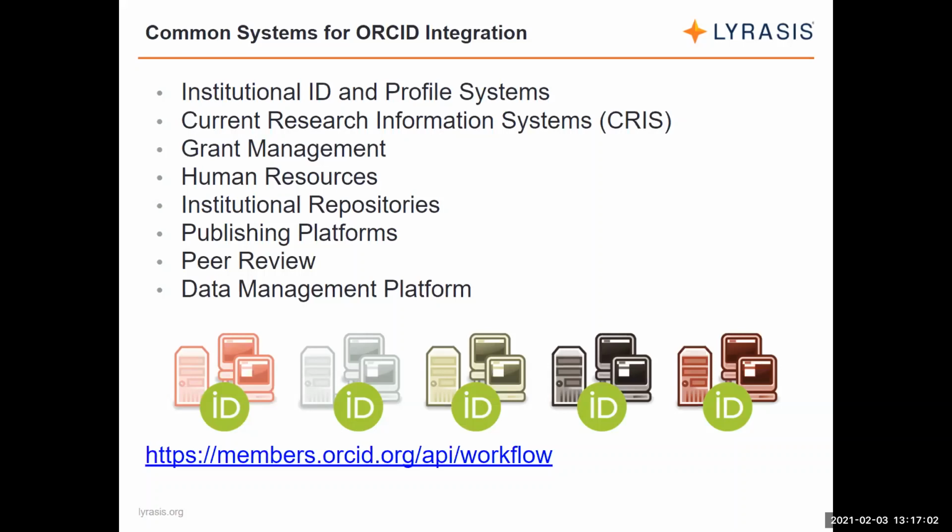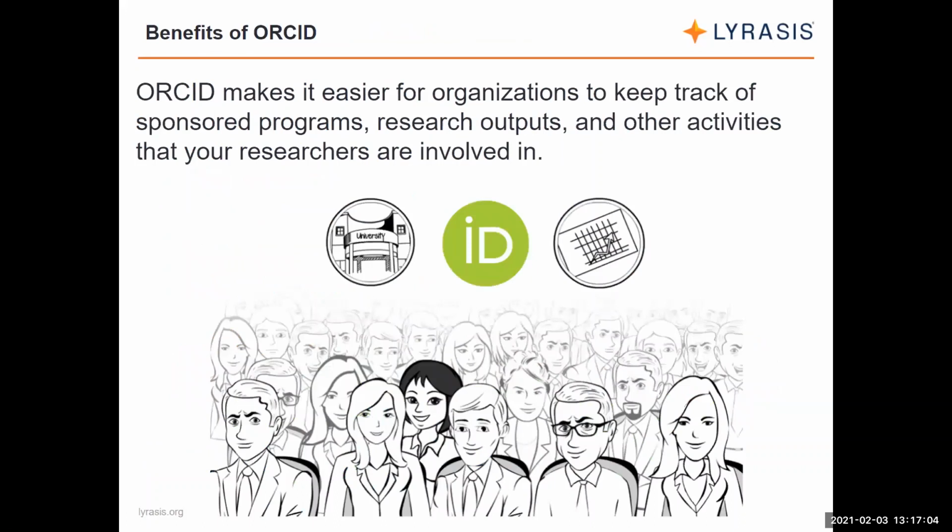But basically, the main thing to remember about the benefits of ORCID for organizations is that ORCID essentially makes it easier for organizations to keep track of things like sponsored programs and research outputs and other activities that your researchers are involved in.